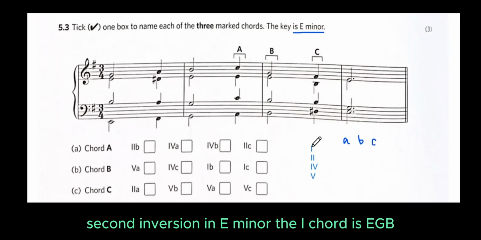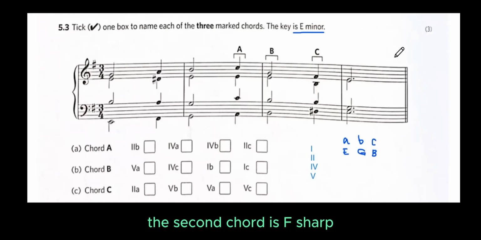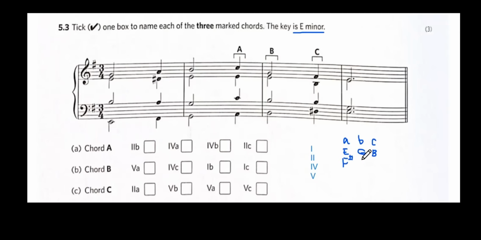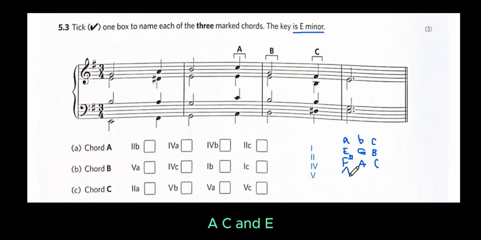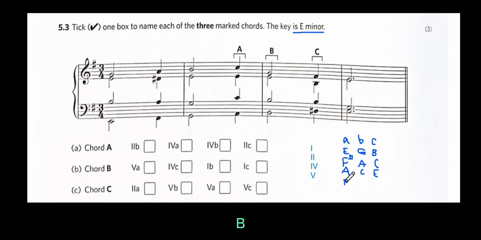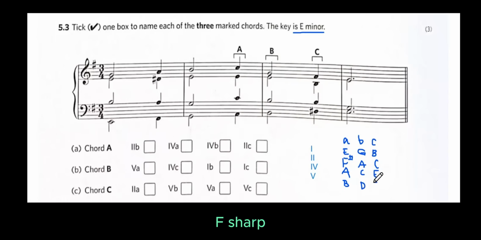In E minor, the 1 chord is E, G, B. The second chord is F sharp. Remember, there is an F sharp in the key signature. F sharp, A, C. And the 4 chord is A, C, and E. The 5 chord will be B, D sharp, F sharp.